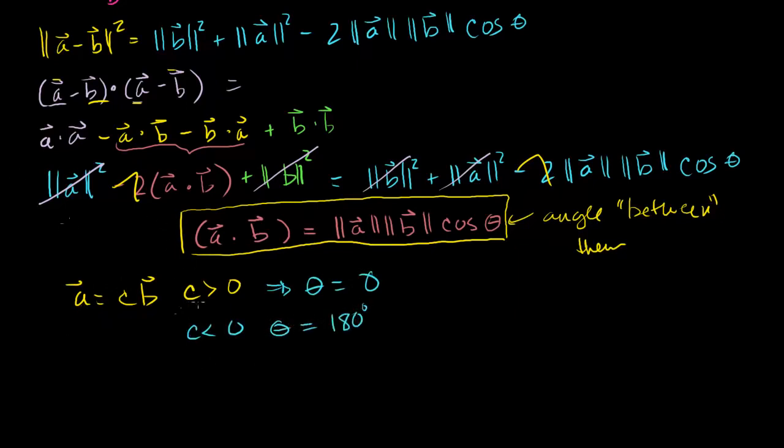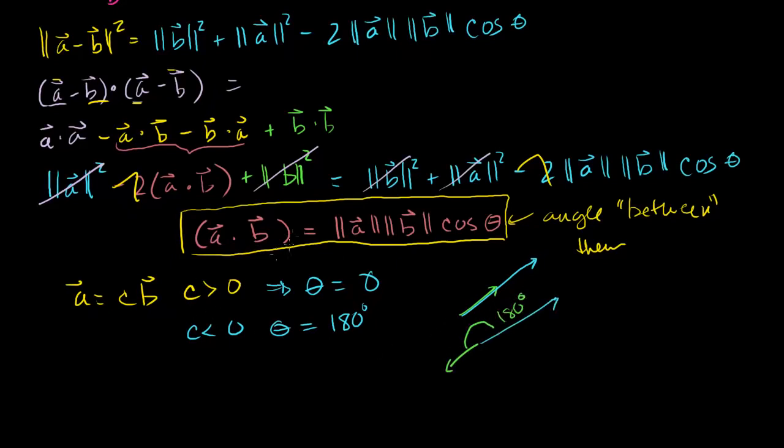And that's consistent with what we understand about just two-dimensional vectors. If they're collinear and the scalar multiple is positive, that means a looks something like that, and b looks something like that. So we say, oh, that's a 0 angle. And if they go the other way, this is the case where a is going in the other direction from b, a goes like that and b goes like that, we define the angle between them to be 180 degrees.